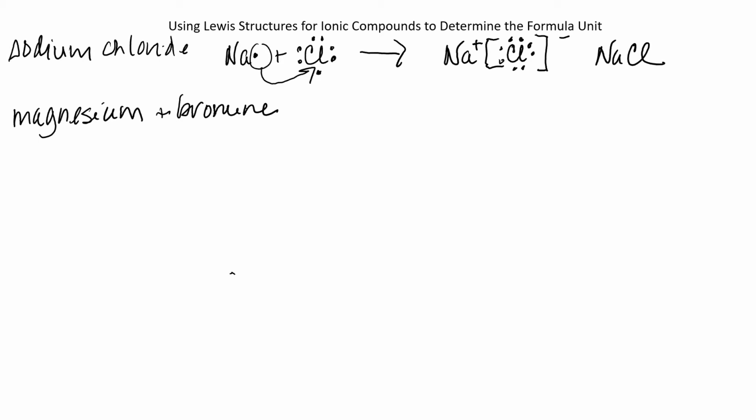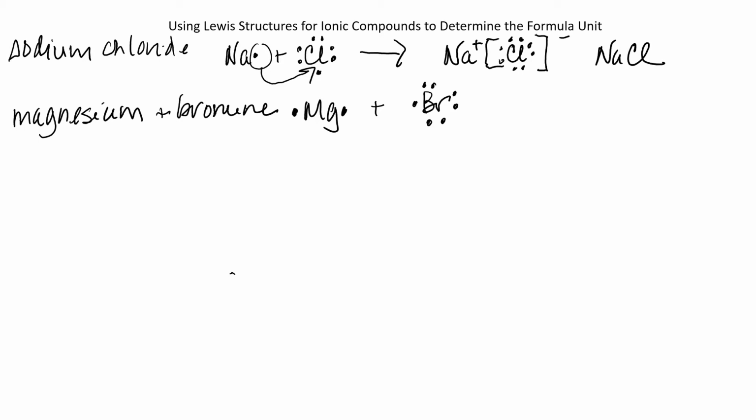So once again, we have the Lewis symbol for magnesium, 2 valence electrons, and the Lewis symbol for bromine with 7 valence electrons.